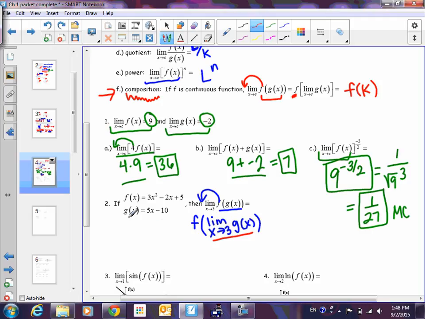And so we have to come over here and think about, okay, what would that be? Here's g of x. And remember, our first line of defense is just to plug 3 in. So what do you think this limit is? 5. Yeah, you're doing 5 times 3 minus 10, 15 minus 10, that's 5. And now we're going to do f of 5, which you've done a lot of times.